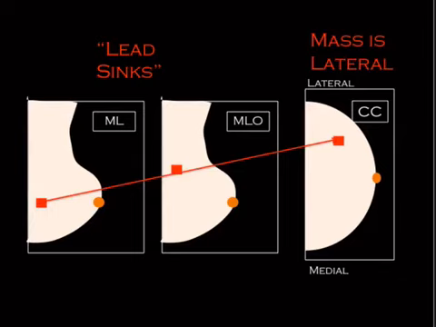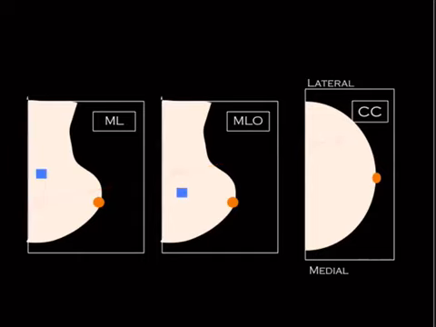So this is helpful sometimes if you stare at that part of the breast on the CC, you can end up making it out, or when you go into ultrasound, you at least know that you're looking in the lateral half of the breast. So that can help you get a good guess on where you're going to be looking. And the opposite is true.